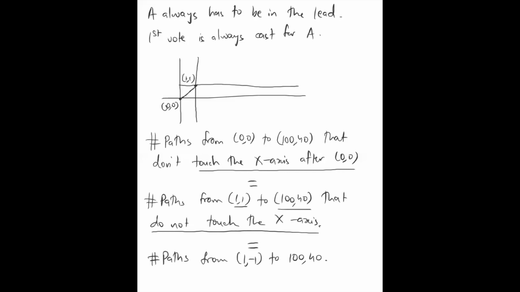There are no restrictions now. Okay. And again, we know how to do this. So the way to do that is, we want from 1, -1 to 100, 40.